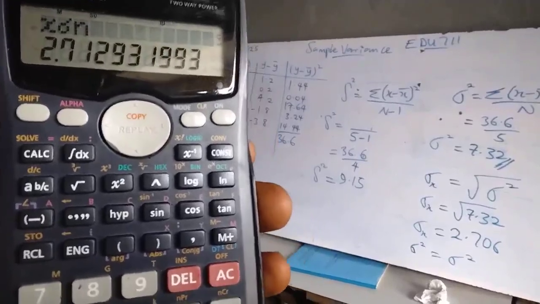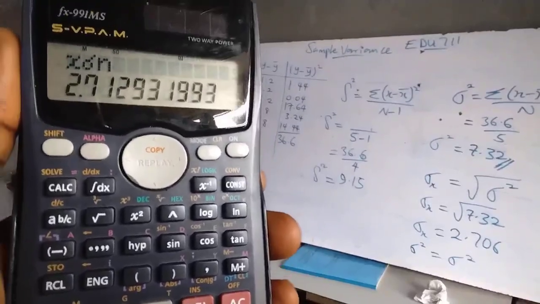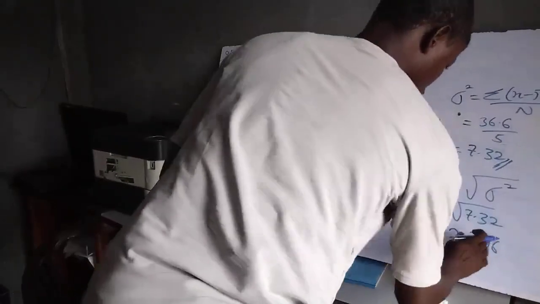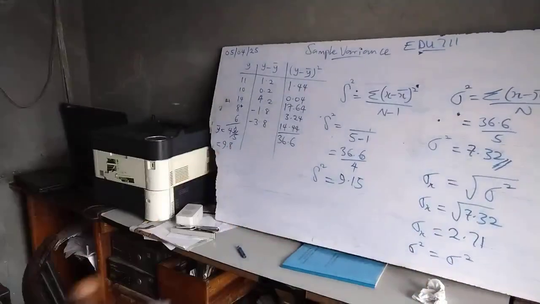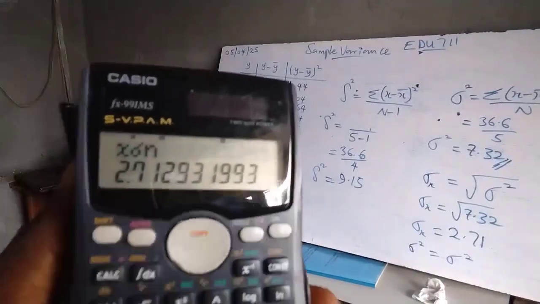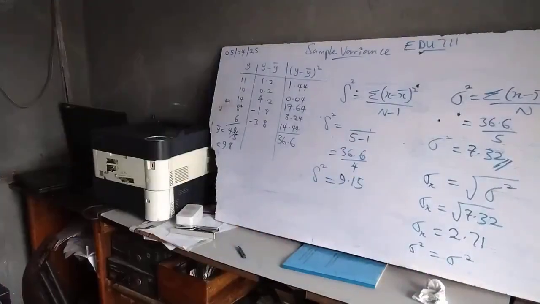So approximating to 2 decimal places, our population standard deviation here will be the same as 2.71. So that is correct. Let's see if it's going to give us our population variance as 7.32.